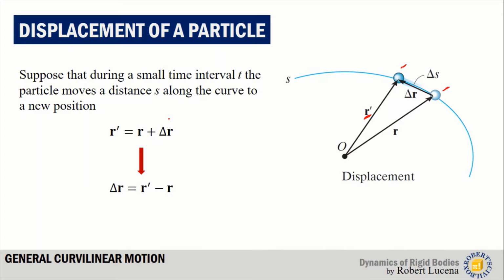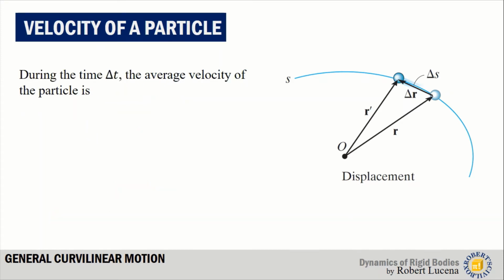So rewriting to get delta r, we have r prime minus r. And now delta r is the displacement of the particle. So we will use this to evaluate the velocity of a particle in curvilinear motion.